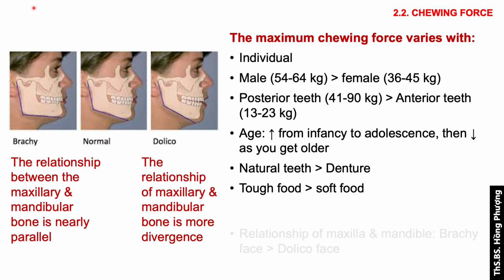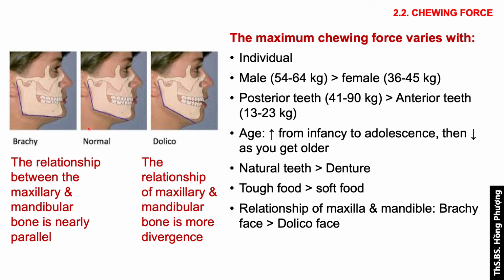Regarding the relationship between the maxilla and mandible that you can see here, the brachyfacial chewing force must be greater than that of the dolichofacial, because the relationship between the maxillary and mandibular planes of the brachyfacial is nearly parallel compared to the normal and dolichofacial. So they have to make more horizontal chewing cycles as well as use more chewing force to increase the effects of chewing.